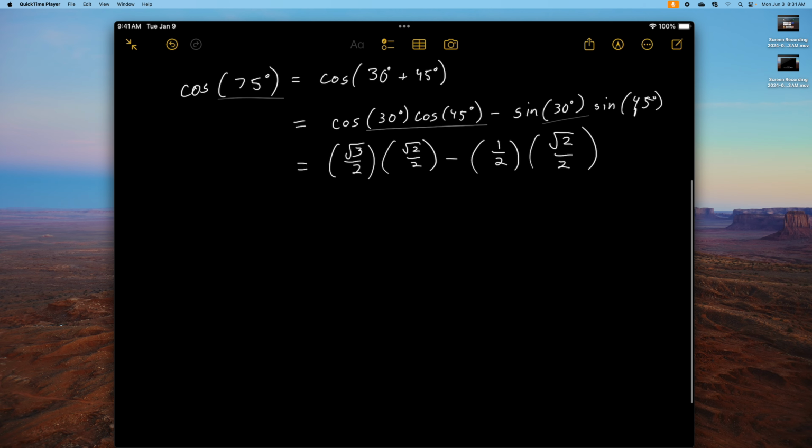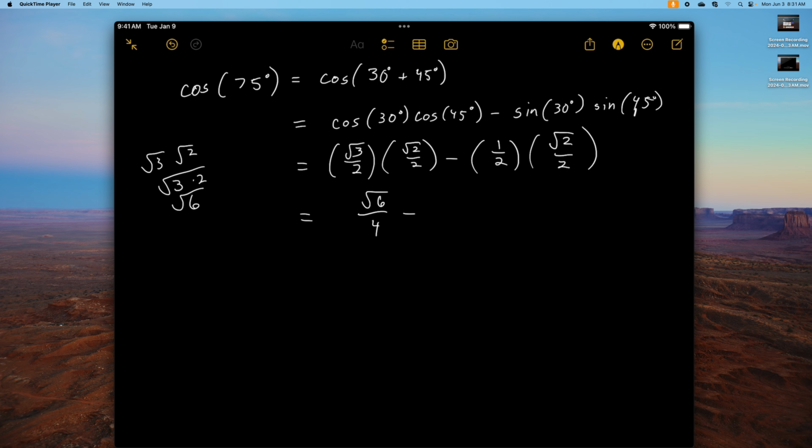Now, if we multiply these together, the square root of 3 times the square root of 2 is the square root of 6, so this is the square root of 6 over 4. And over here we have the square root of 2 over 4, or we could write it as the square root of 6 minus the square root of 2 all over 4.